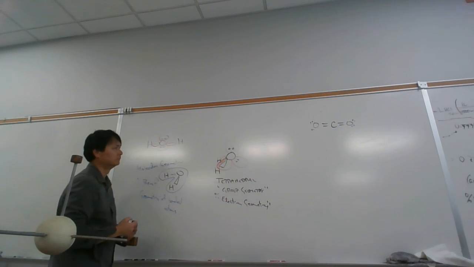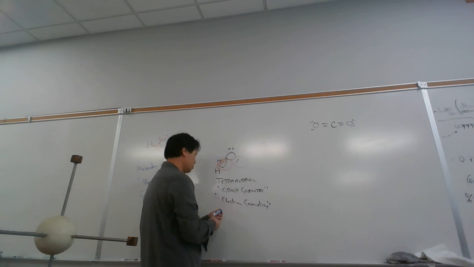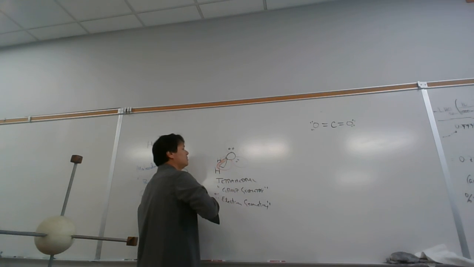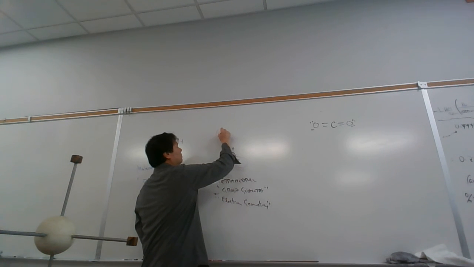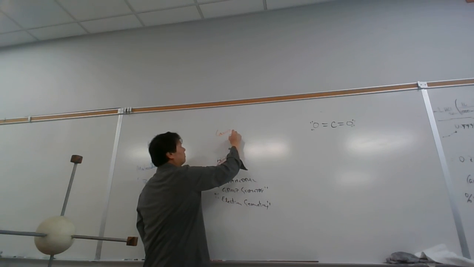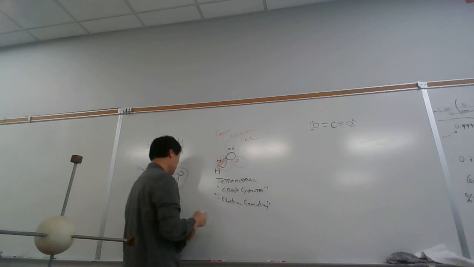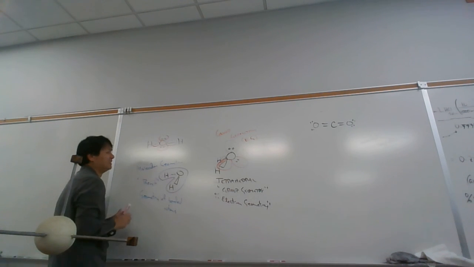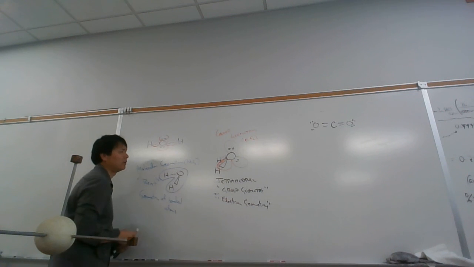Over here, this is the electron geometry or the group geometry. This is the geometry of all the groups of electrons. E.g., electron geometry. This is the MG, the molecular geometry. We have to figure out both.